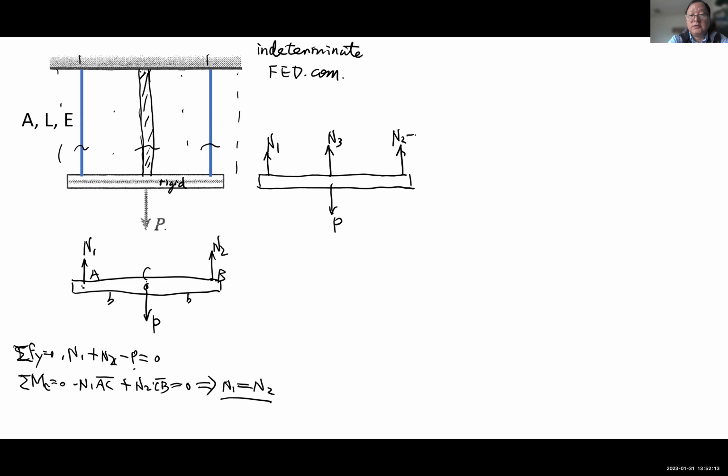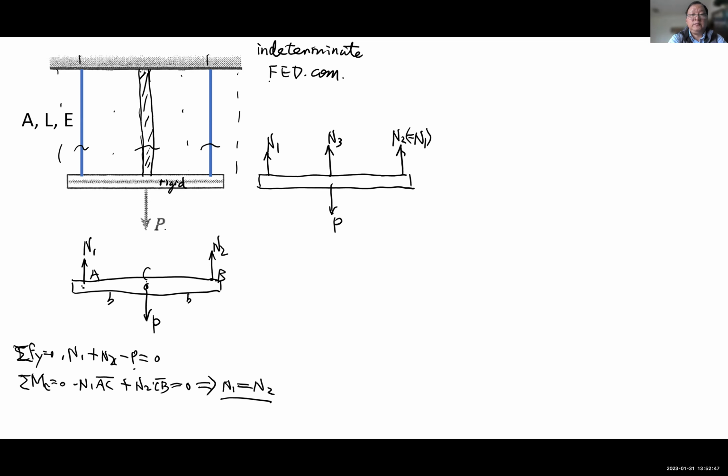I know N2 is equal to N1 immediately, or maybe I don't know, it can be different. So for the general situation, let's not use this relation yet. If the two cables are the same, the whole thing is symmetric, so I can judge N1 equals N2. But the cables may sometimes be different, so let's just assume in the general situation we have N1, N2, N3.